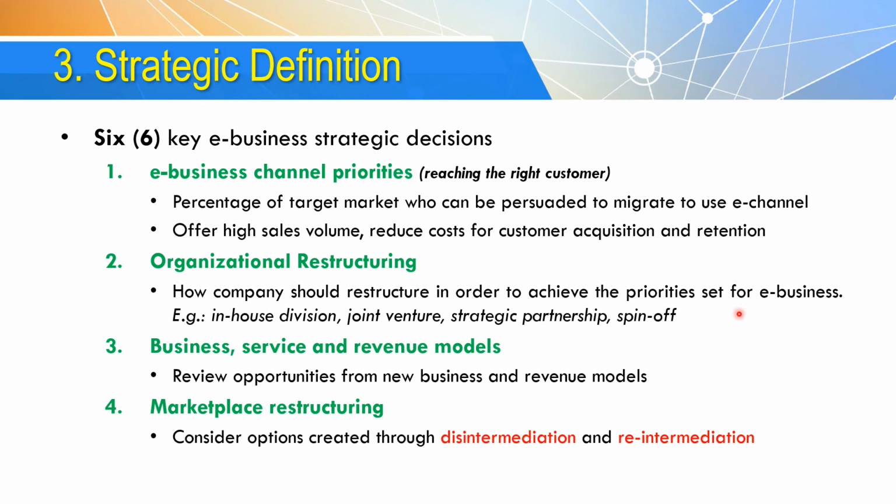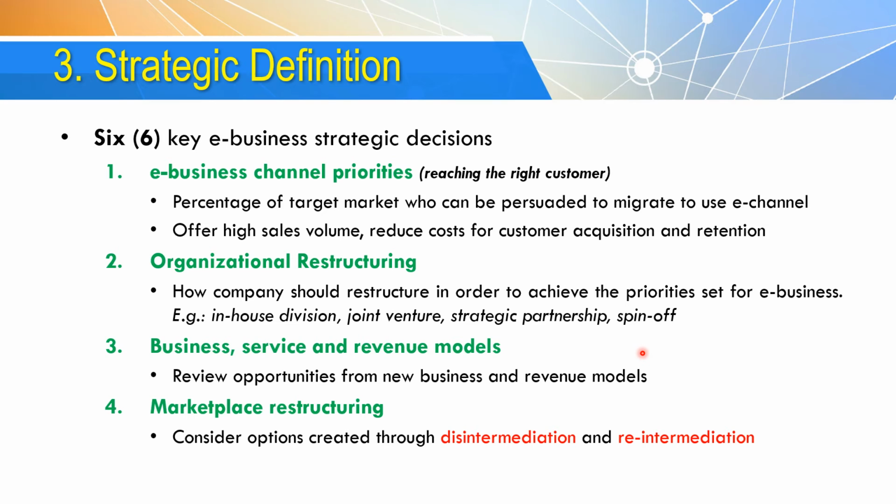When you use traditional business and you want to change it to e-business, to venture into the online channel, some part of your organization or business needs re-engineering, which is restructuring.